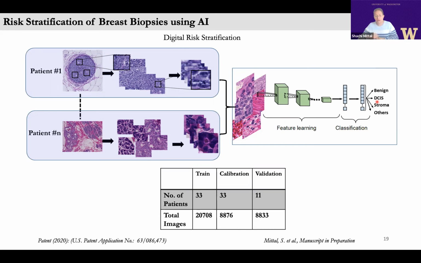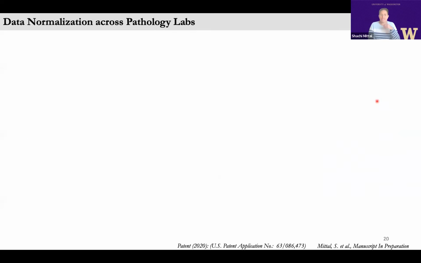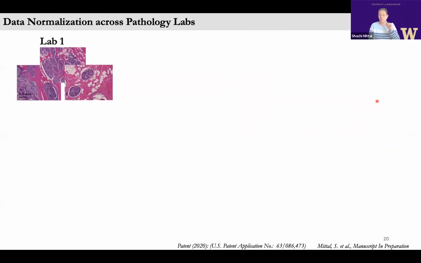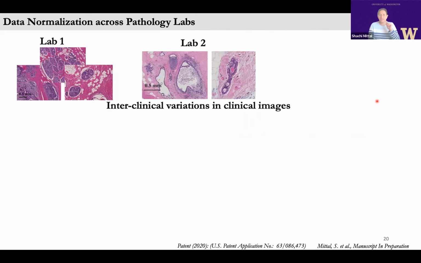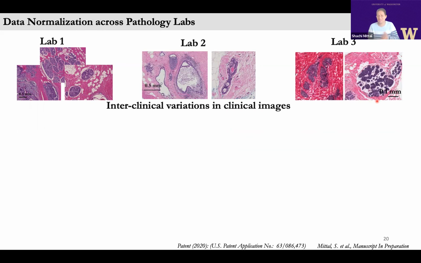Now, the biggest challenge that we faced on this project was this work involved data from 5 different clinical sources. And we'll see the data from lab 1 looked like this. The data from lab 2 looked like this. And data from lab 3 looked like this.